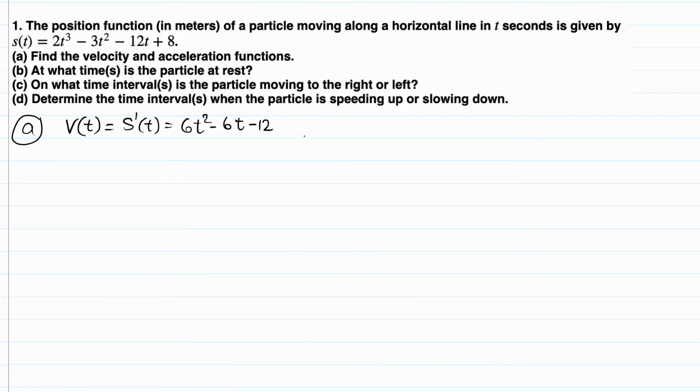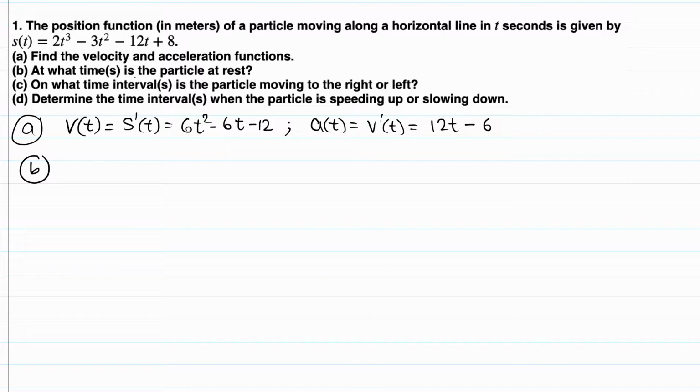That's the velocity. And acceleration, let's denote by a(t), is the derivative of this velocity. So the derivative of this is 12t minus 6. Okay, that's part A.